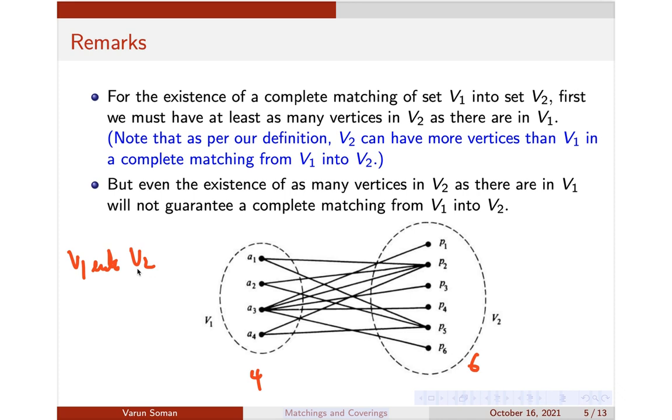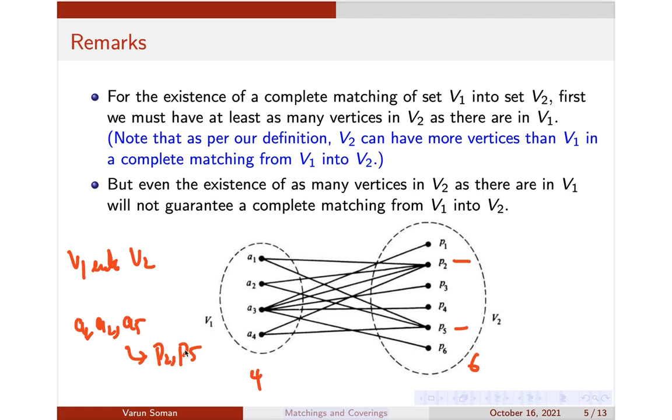If we look closely at this graph, you can see that A1 is matched to P2 and P5, and A2 is again matched to P2 and P5. A3 is matched to many vertices, no issues there. A4 is also matched only to P2 and P5. So A1, A2 and A4 are assigned to only P2 and P5.